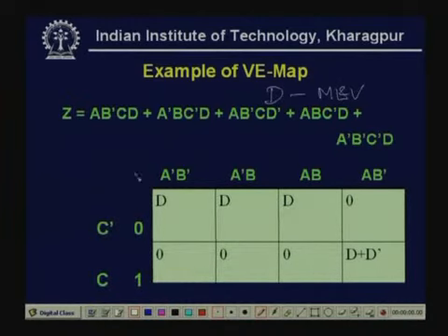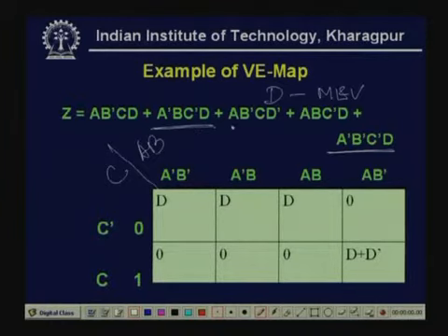Then again, if we take A, B and C, for A dash, B dash, C dash it is D. Similarly, if I take A dash, B, C dash, so it is D. This is ABC dash D, so ABC dash, if D is true.